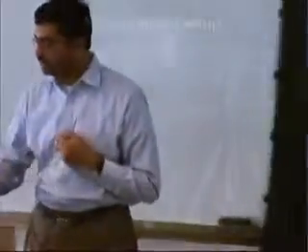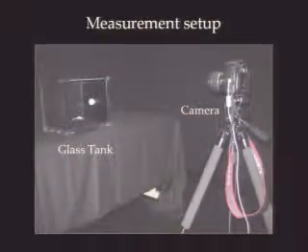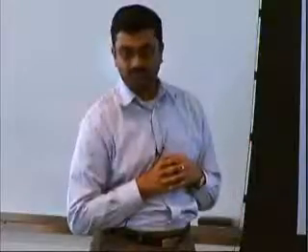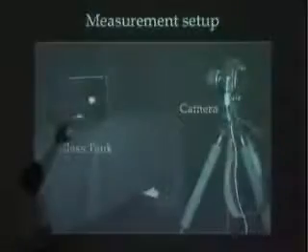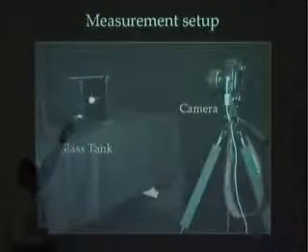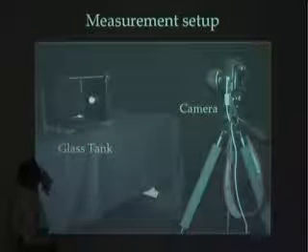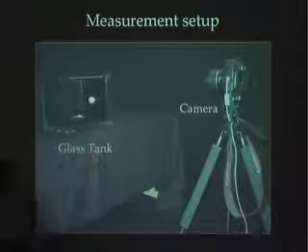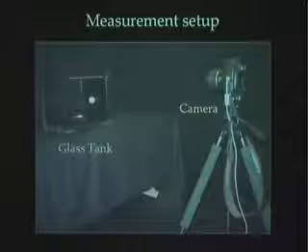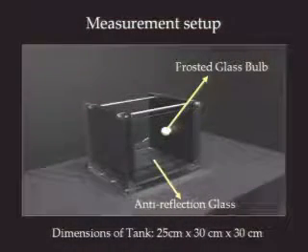Okay, so what we did was we tried to come up with a technique to measure the optical properties of liquids. A very simple setup. So you have a camera that's looking at a glass tank. The glass is all anti-reflection coated, so that it doesn't have stray reflections. You have a bulb in this tank that is pre-calibrated, so we know the radiance of the bulb in all different directions.